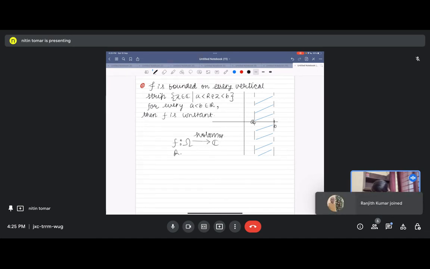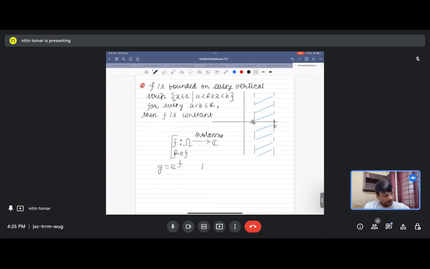If some information is given about the real part of f, then you always consider the function e power f. It will be easier for you to consider g as e power f.